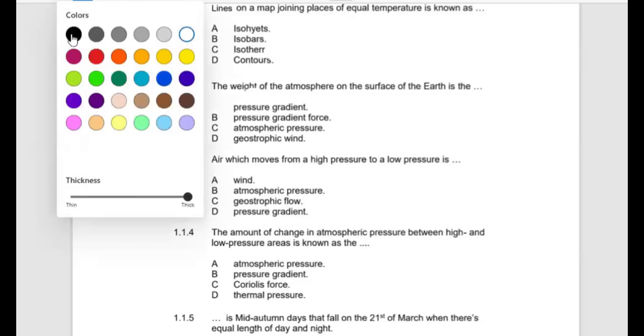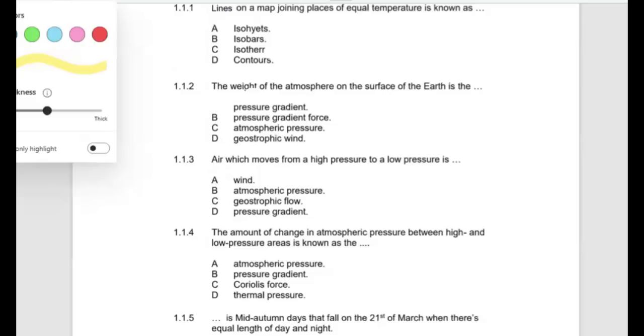That difference in pressure is what tends to drive the air from the place with high pressure to the area with lower pressure. So that is what drives the air from one place to another.